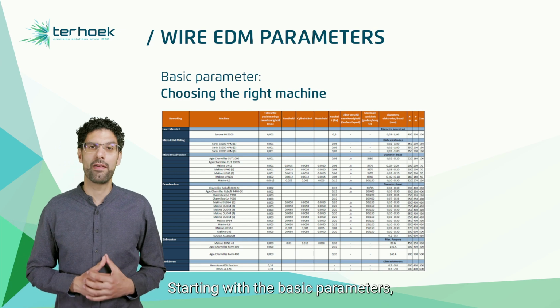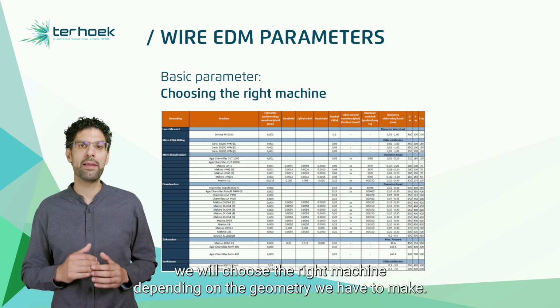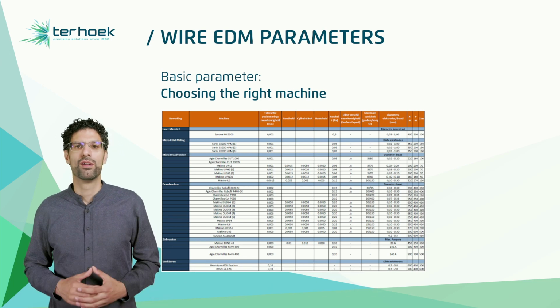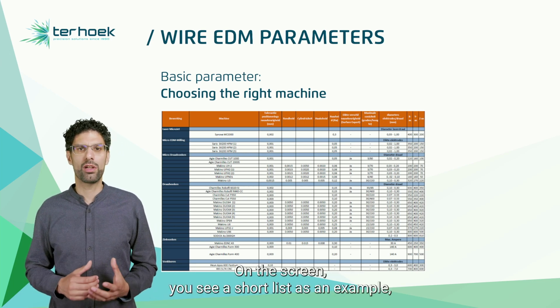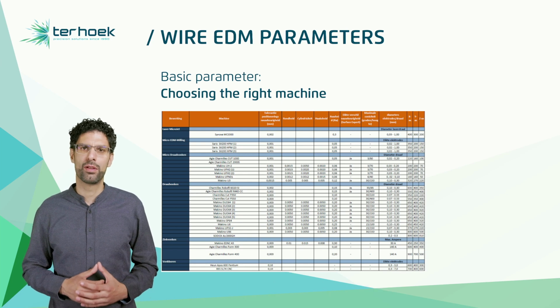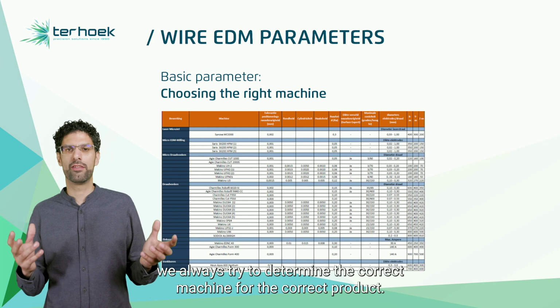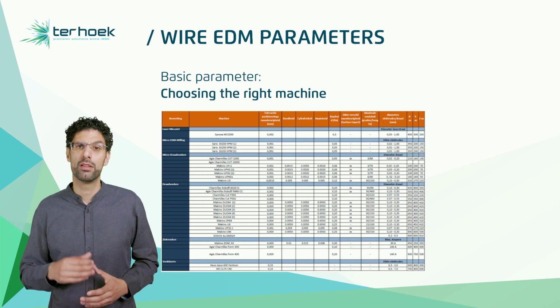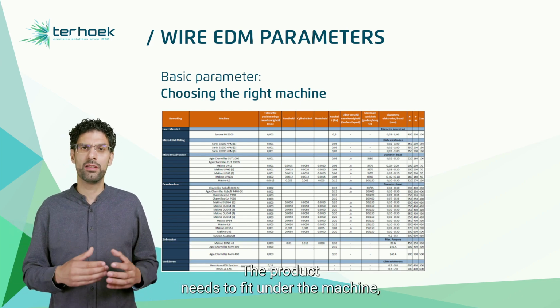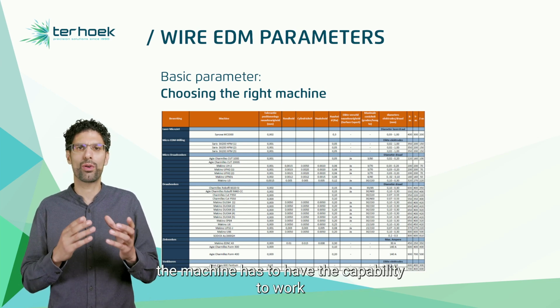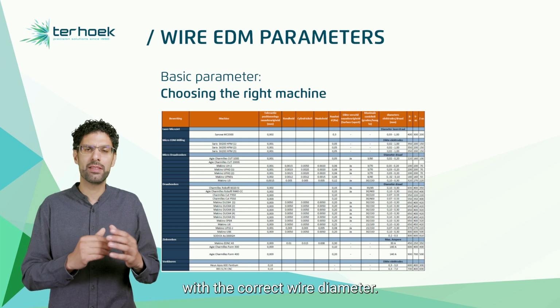Starting with the basic parameters, we will choose the right machine depending on the geometry we have to make. On the screen, you see a short list as an example. We always try to determine the correct machine for the correct product. The product needs to fit under the machine, and the machine has to have the capability to work with the correct wire diameter.